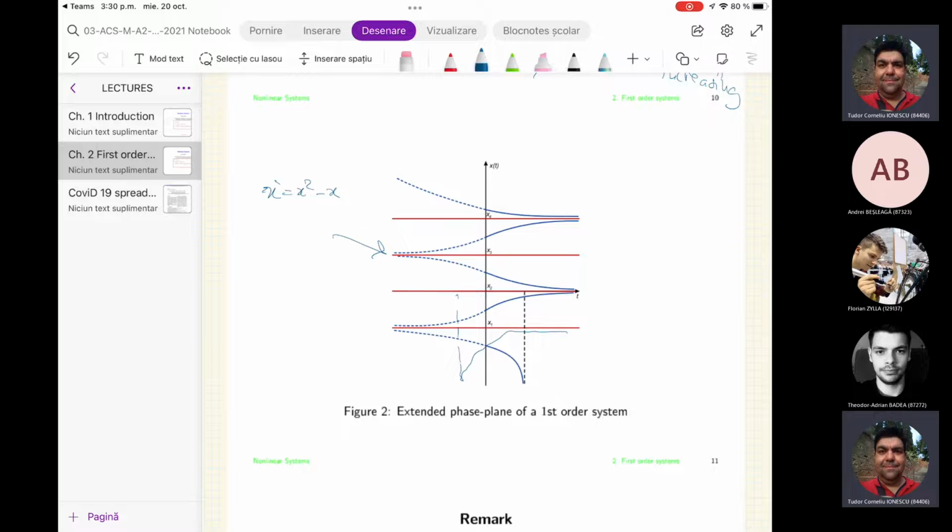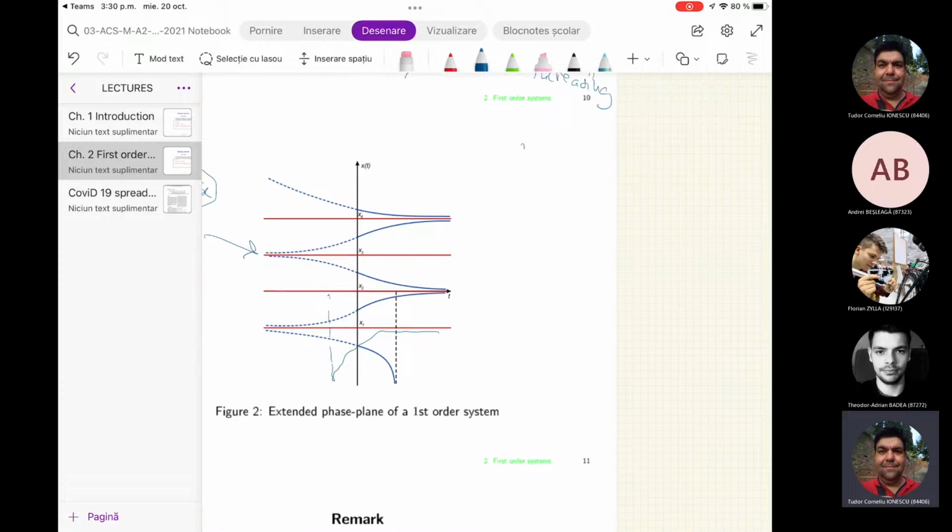You remember the bands of solutions. You can try to do this plot for this function. You remember, yeah? T, x, and this is in general.